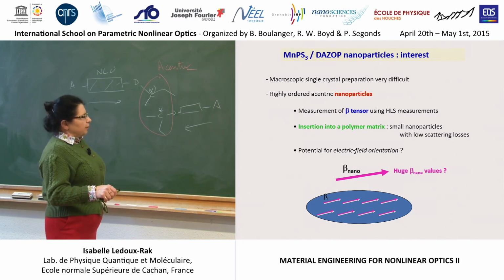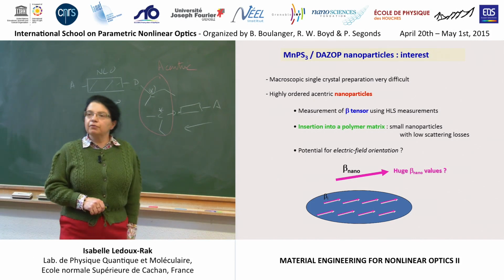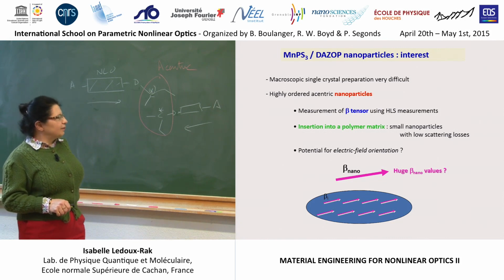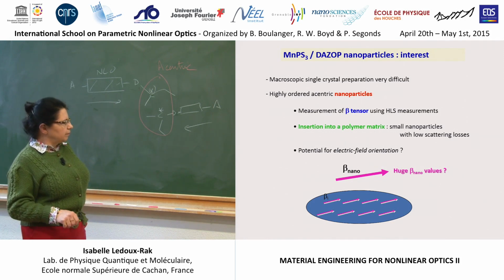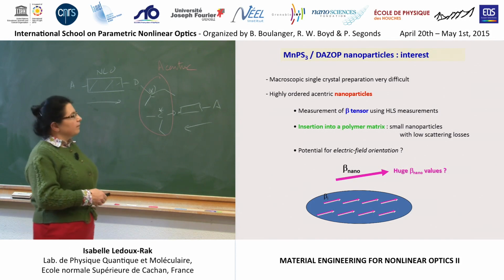It's also possible to insert them in a polymer matrix, because they are very small objects, so low scattering, and expect to have electric field orientation. So the first point was to check the parallelism of molecules at the nanoscale.